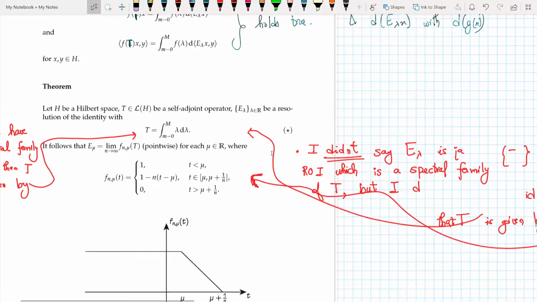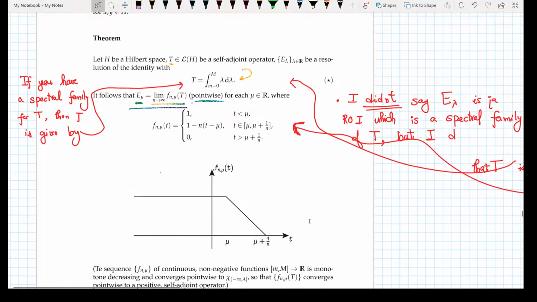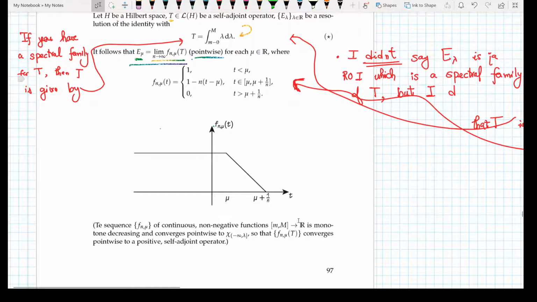The next thing that I have is, let H be a Hilbert space and T be a self-adjoint operator, E a resolution of the identity with this property. Then it follows that E lambda is equal to the limit as n tends to infinity of f_n(mu)(T), pointwise for each mu belonging to R. So the thing that we have to keep in mind is that this f has to be this function.